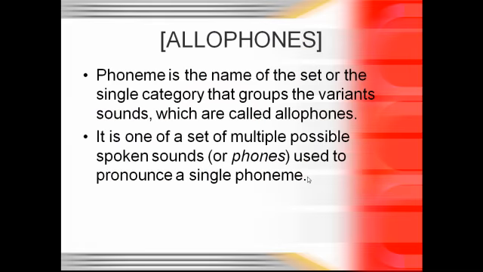On the other hand, we have the allophone. The allophone is the variation of a particular phoneme. A very good analogy of this is when you have a lot of things related to one topic, and then you create a new folder, and in that folder, let's put the name of the phoneme, and then inside of that folder you're gonna put everything related to that phoneme.